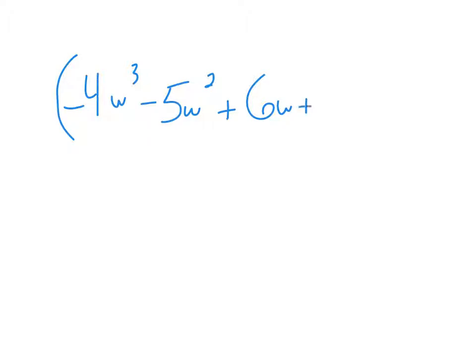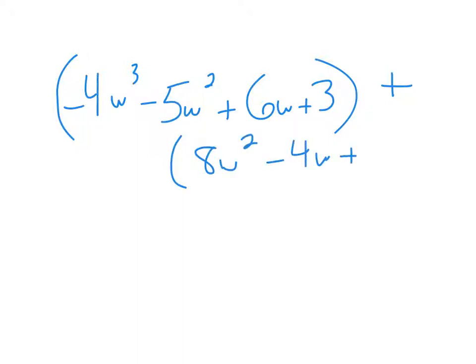When I have a problem like that example, where we have, and I'm going to put it in parentheses because they're just separating the two polynomials for us, -4w to the third minus 5w to the second plus 6w plus 3. So there's one polynomial, and we're adding that to 8w squared minus 4w plus 2.